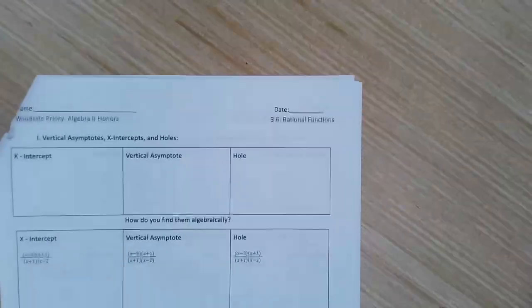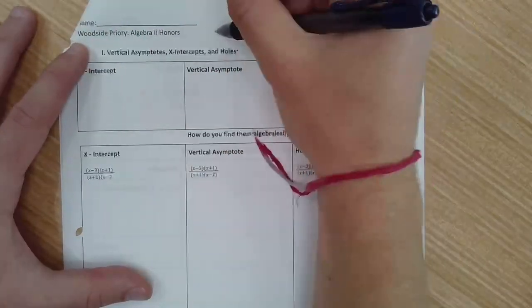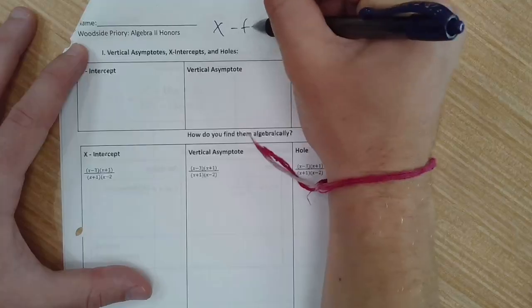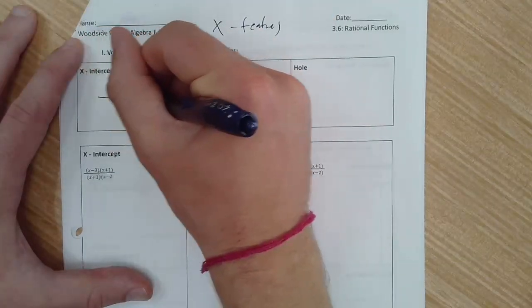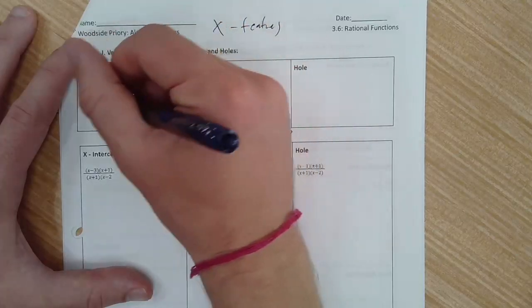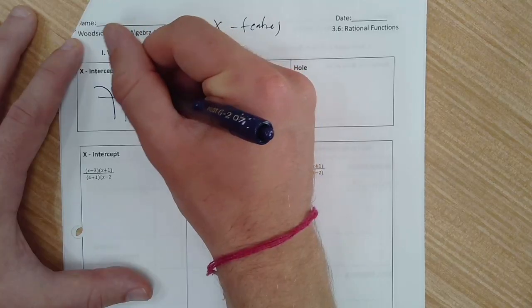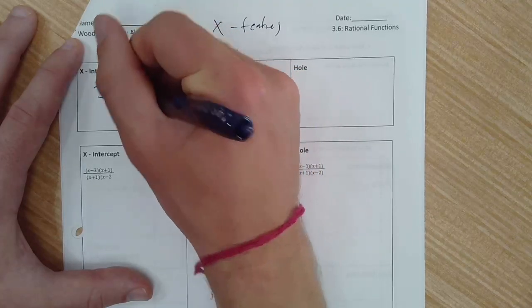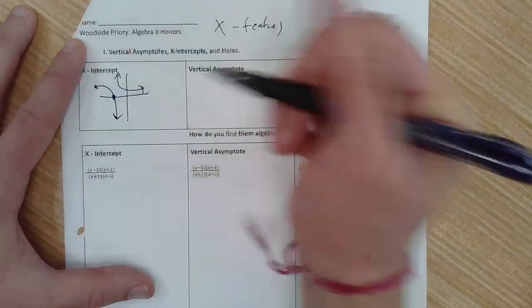We're on the formal notes. So we have these three. These are kind of all like x features. Okay, so we have the x-intercept. That's when the graph, or the function, touches the x-axis, right?